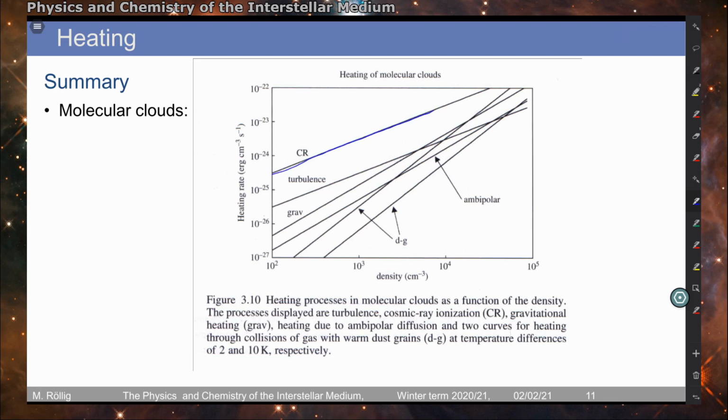And we have gas and dust heating slowly becoming more and more important the denser the gas becomes. So we see that depending on the actual physical environment, the interplay between the different heating processes changes.